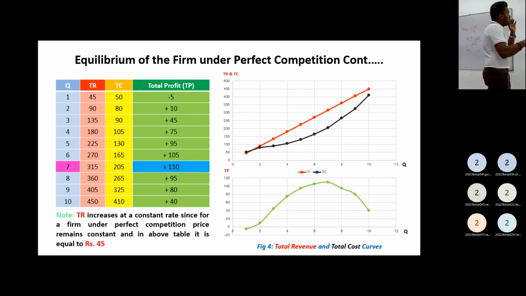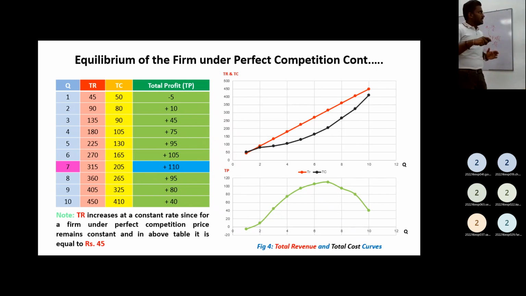Even though your revenue is high, simultaneously your cost increases, accordingly your profits will be lower. Clear? According to this approach, you consider the difference between total revenue and total cost, and the higher one you fit with the level of output.